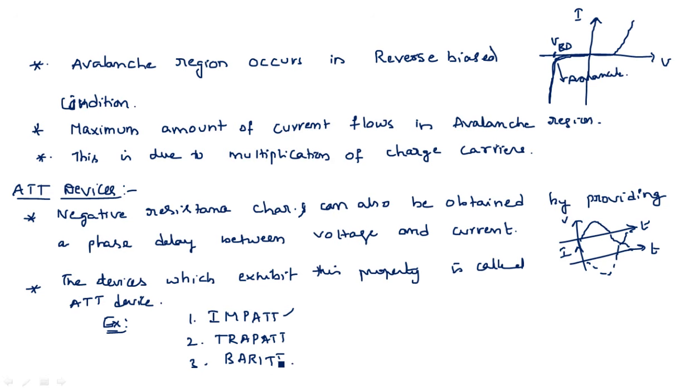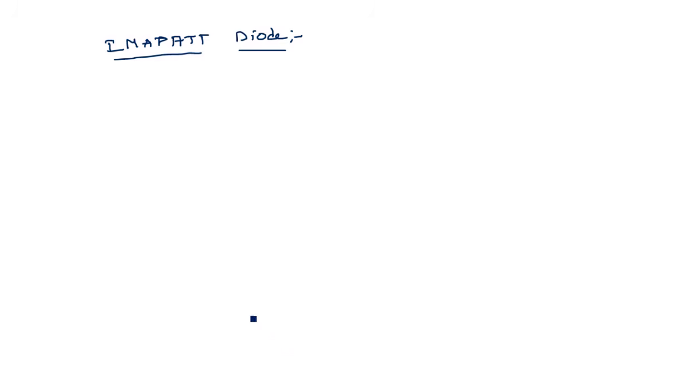I will explain these two in the coming videos. Now, what do we mean by IMPATT? IMPATT: impact ionization avalanche transit time.